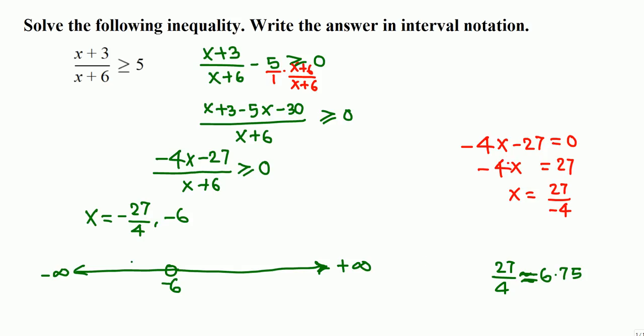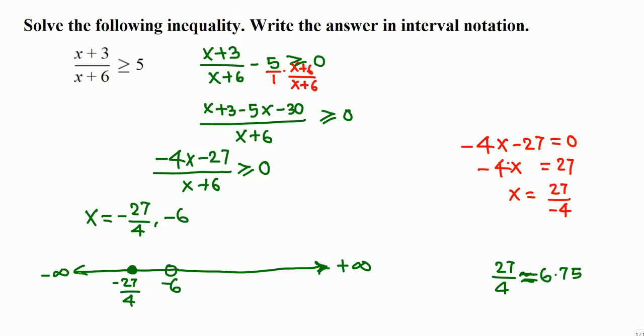So that's negative 6.75, and it should be somewhere here, and this is coming from the top, and we have bigger than or equal to, so we have to use a bracket, so I put a dot. Notice the dot for the zeros of the top and the circle for the 0 of the bottom. When we write the interval notation, dot means bracket, circle means parenthesis.